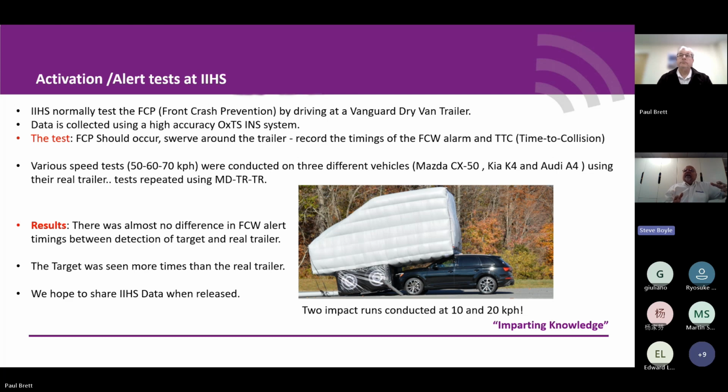So in all the tests they did for the three cars, they all recorded pretty much exactly the same timing for the TRTR as they did for the Dry Vanguard trailer and then forward collision activation. Then we decided that one of the cars was actually working quite well and was attempting to brake.